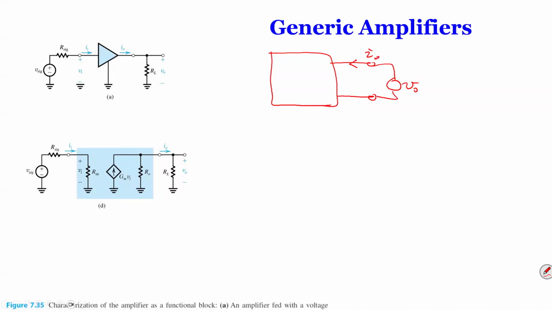And our resistance is going to be RO equal to VO over IO.